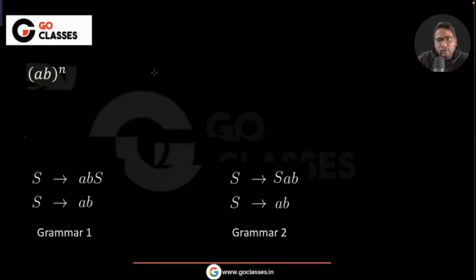Here, if you want to parse, let's suppose AB, AB, AB, n times, and this is the grammar, then you will be shifting it. Should it be reducing this to S? Should you be reducing this to S now?